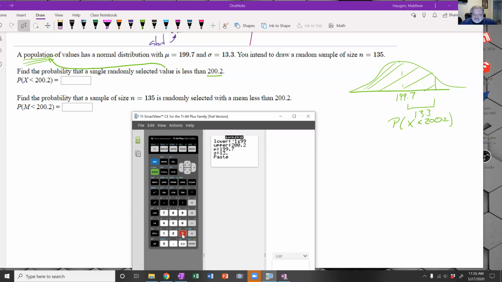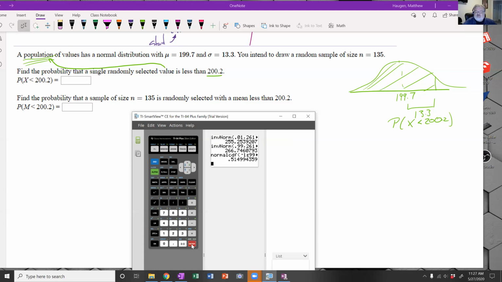Now, does it make sense, Tessa, why I'm using the standard deviation of 13.3 as opposed to finding standard error? Yes, good. Everybody else make sense why we're still using the 13.3? Okay.